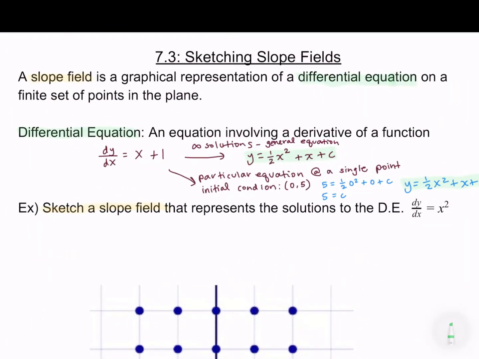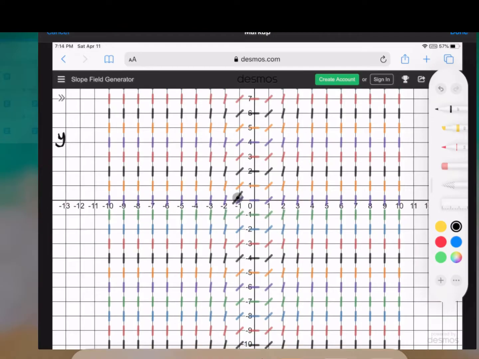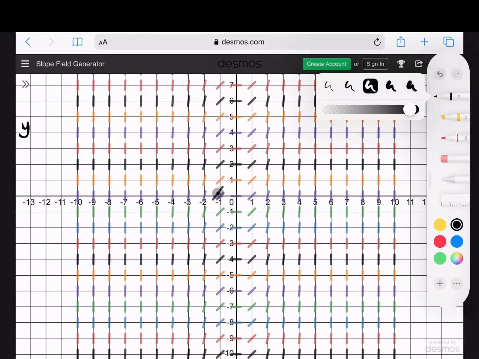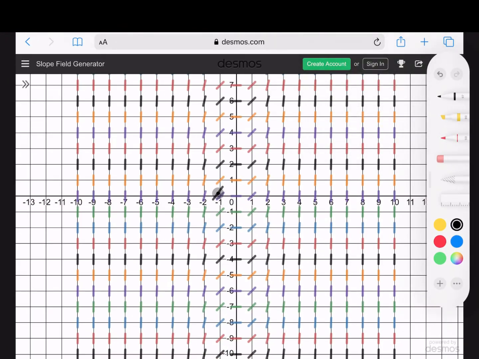Sketch a slope field that represents the solution for dy/dx equals x squared. I'm not even using my correct notation. So this is dy/dx equals x squared, and this is the slope field for it. This is all the infinite solutions for that differential equation.